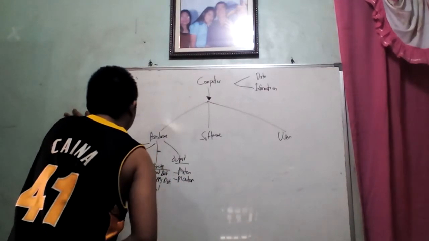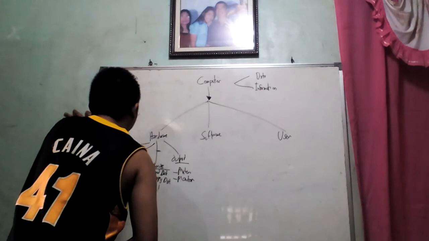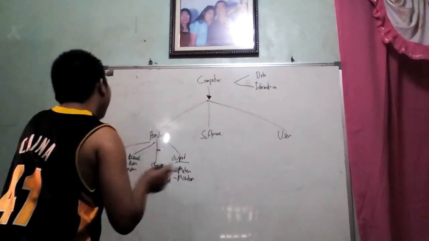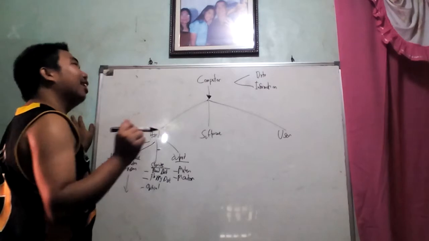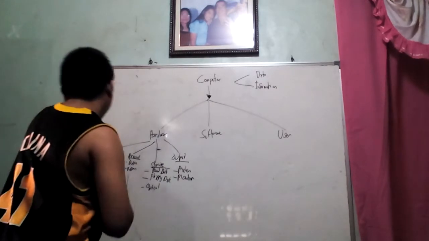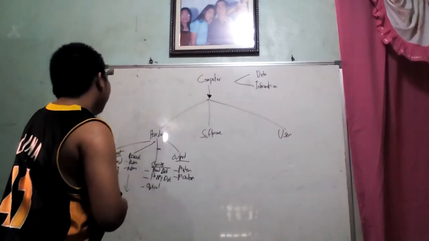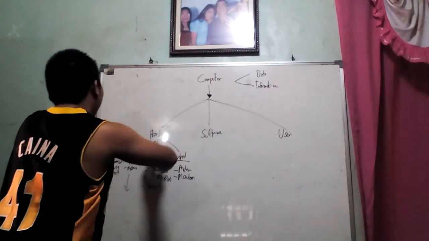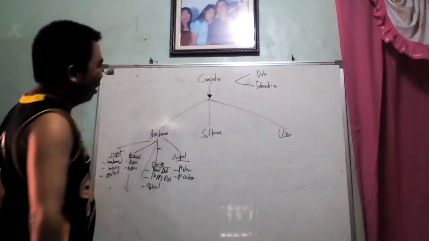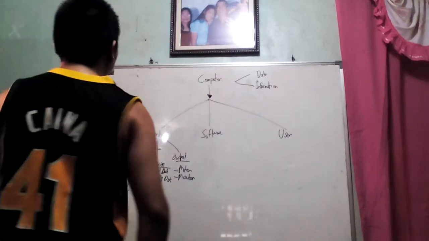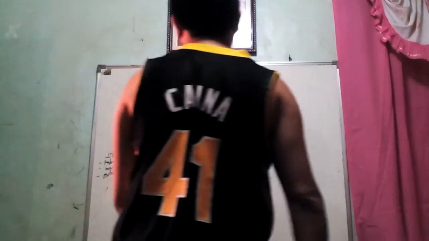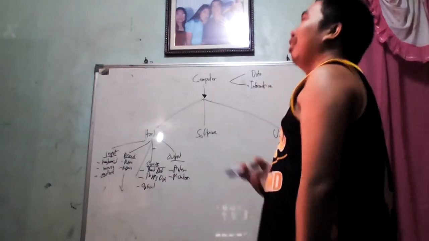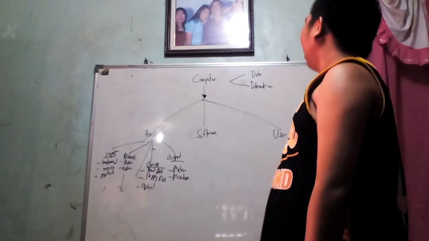Webcam. By the way, webcam is, I don't know, it's input, but those are communication devices, no? Or you can add here, communication. Basically there are four of them. If there's something missed, please comment in the comments below.